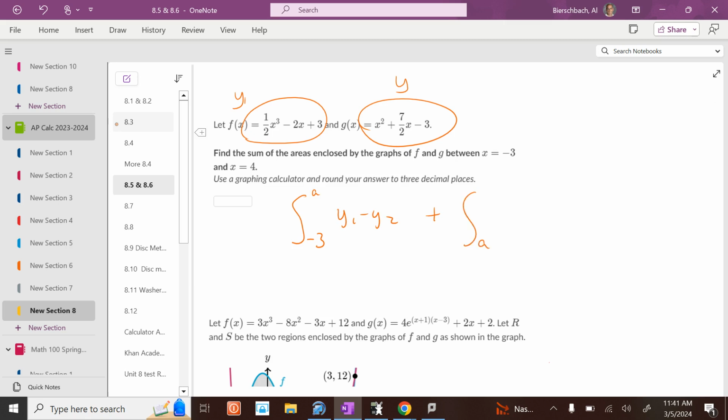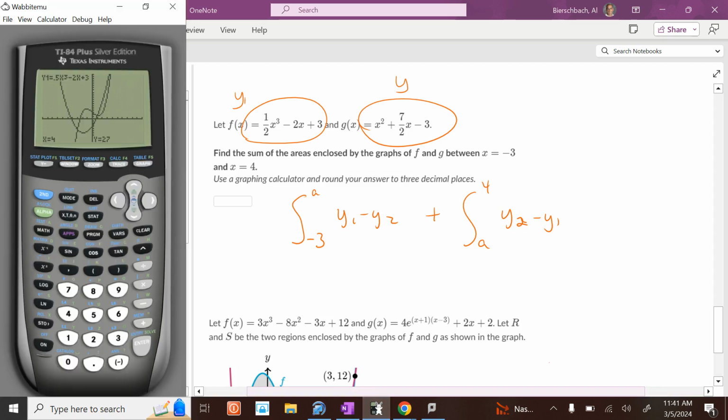And then from A to 4, this one is on top, so it's y2 minus y1. It's not always y2 on top the second time, but this time it is.